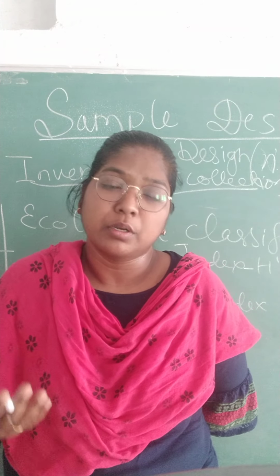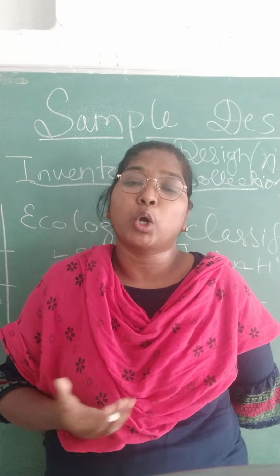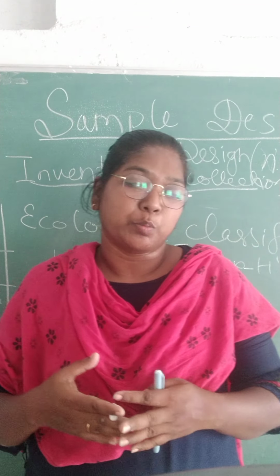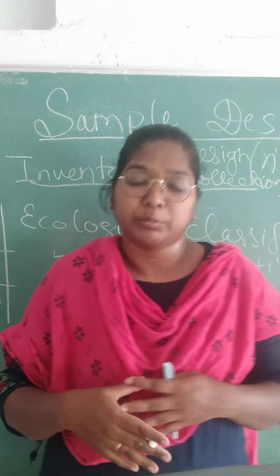Gaussian is the first person who introduced the ecological concept of vegetation classification. In the Gaussian classification, if you want to find out some species in plant sciences, there are different patterns on which forests or vegetation are classified.